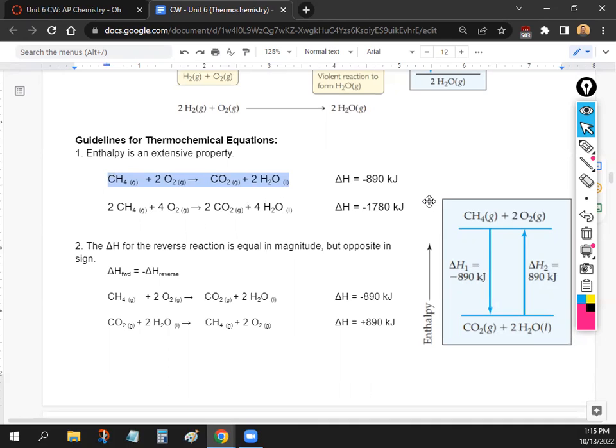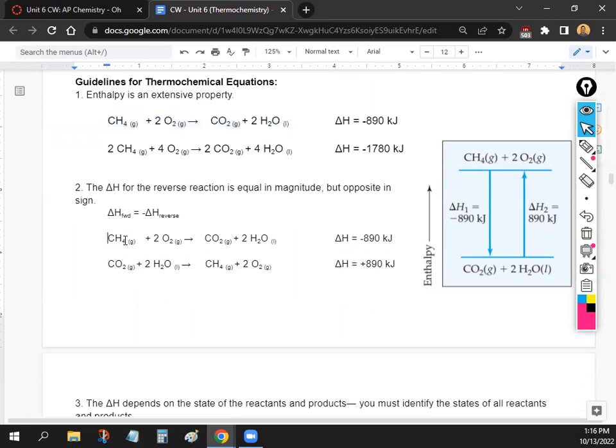All right, the second thing about enthalpy is that the reverse reaction is equal in magnitude, so it's the same number, but it's opposite in sign. So here we have the same reaction again. So when you react methane and oxygen in this reaction, it's going to release 890 kilojoules. But if you flip everything around, so if you want to take carbon dioxide and water, the products, and turn it back into methane and oxygen, you're going to have to put in 890 kilojoules, okay?